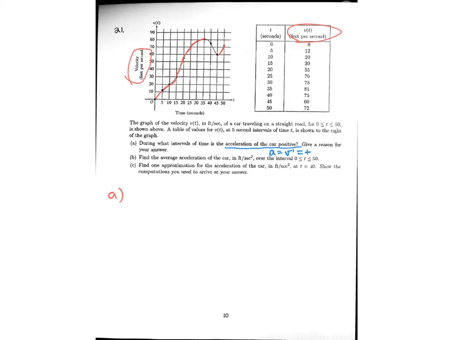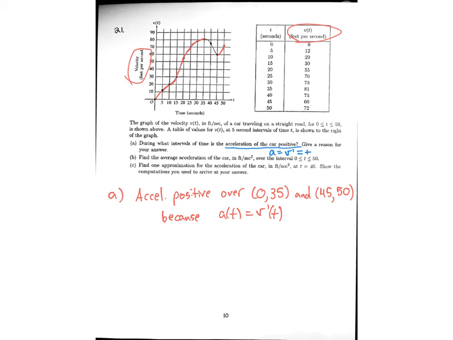So we can safely say that the acceleration is positive over the intervals 0 to 35 and 45 to 50, because the acceleration is equal to the slope of velocity.